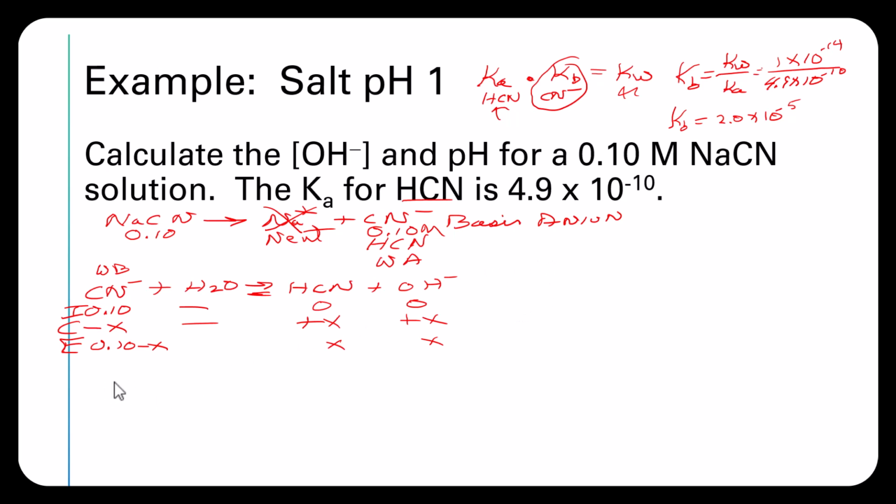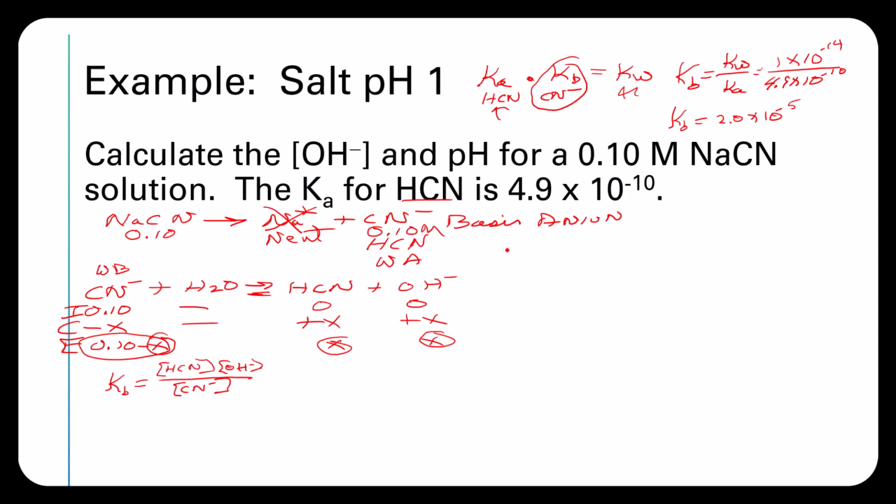So my equilibrium constant expression, which I urge you to always do first, is going to be Kb is equal to HCN times hydroxide ion divided by the concentration of the cyanide anion, which is your weak base. Once I have that, I'm going to go ahead and plug the values in from the ICE table, but I need to take a look at this X and compare it to my Kb.